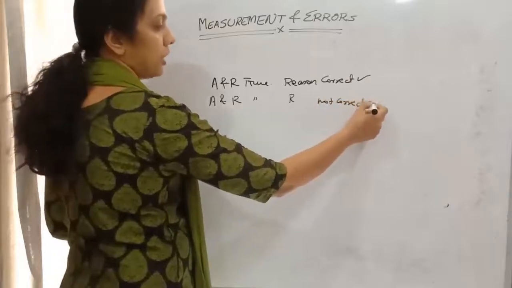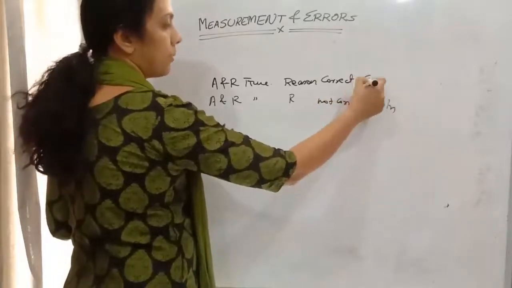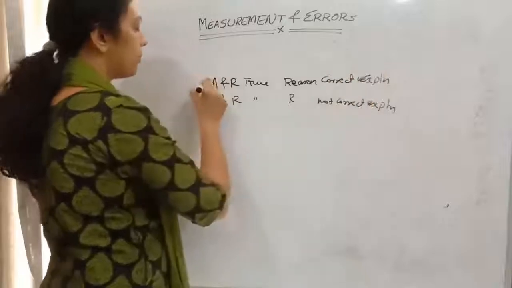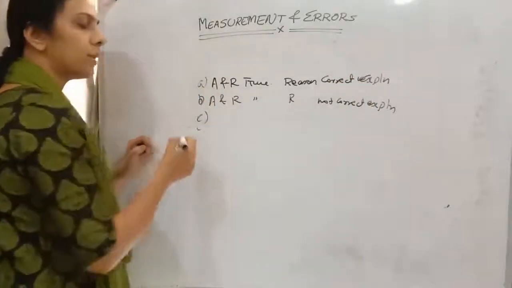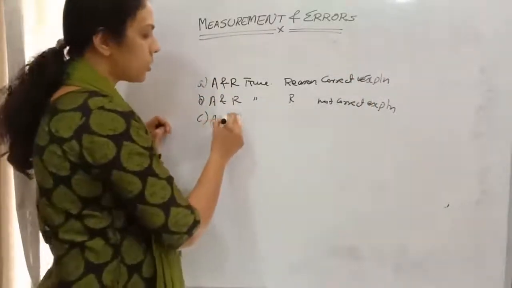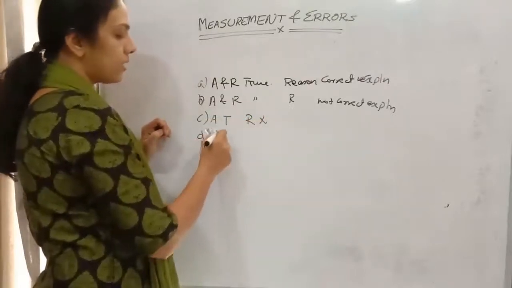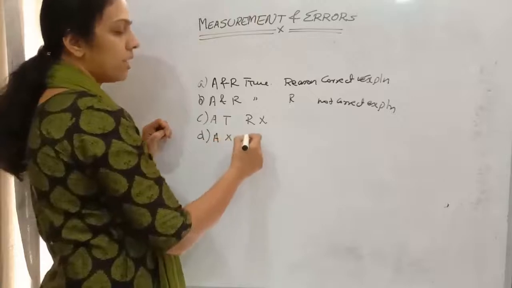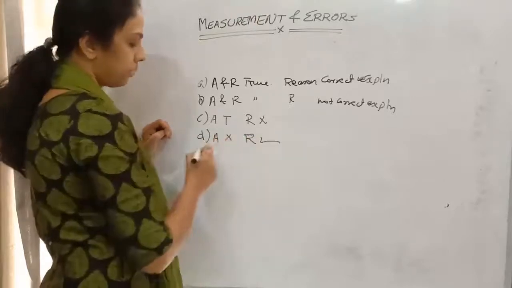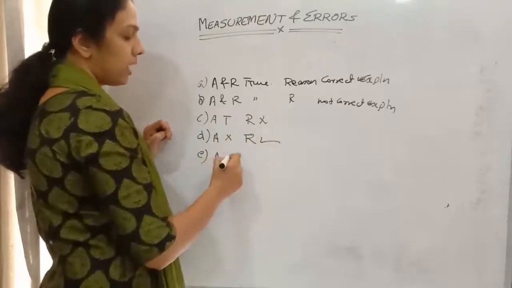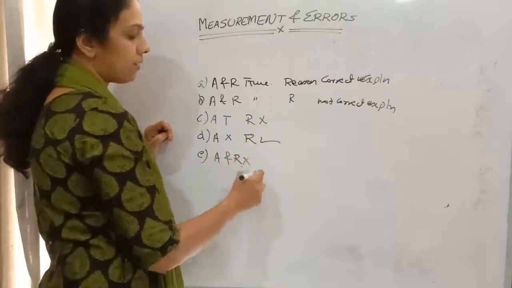Third: assertion is true, reason is false. Fourth: assertion is false, reason is true. Then fifth: both assertion and reason are false.